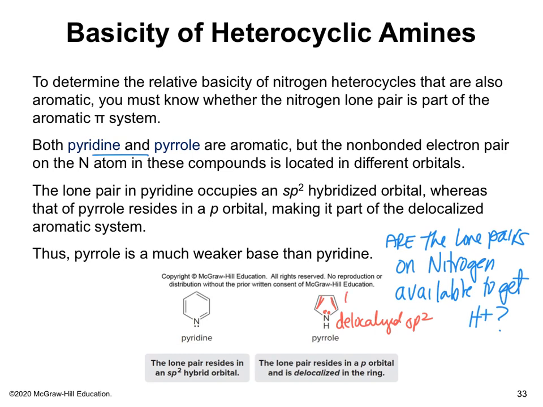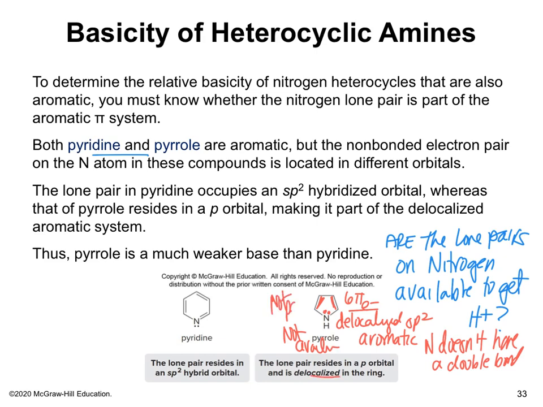So this has 6 pi electrons. So this is aromatic. We count those lone pairs on the nitrogen as part of the pi electrons that are delocalized because nitrogen doesn't have a double bond. You remember, if it doesn't have a double bond, then we're going to count that lone pair. So this is not available. So this is not basic.